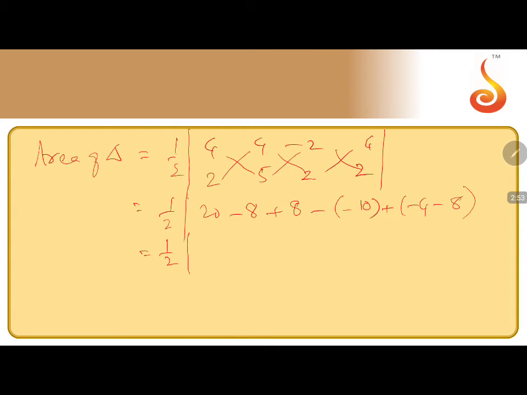So when I calculate, 8 gets cancelled, 20 plus 10 minus 12, which gives us half into 18, 9 square units.